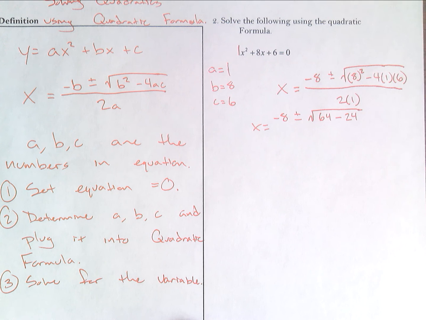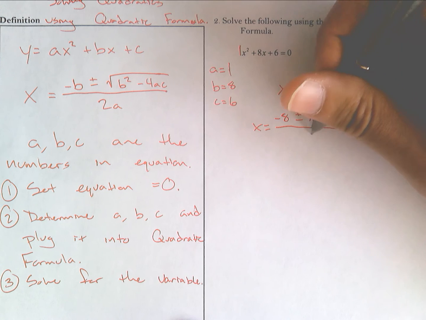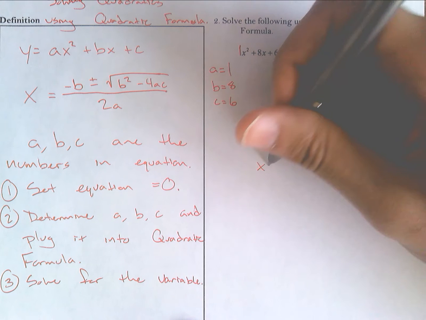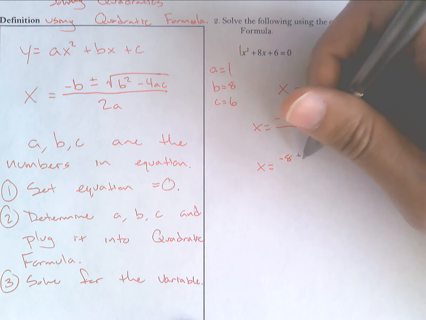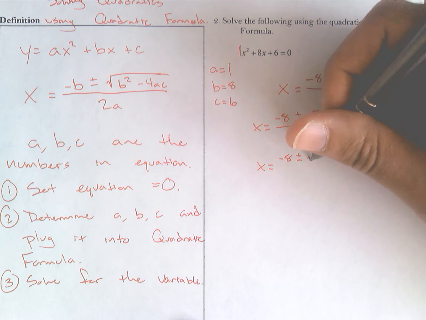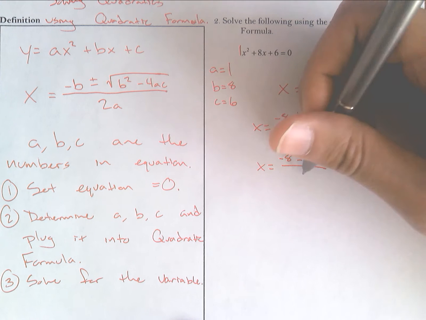So we have 64 minus 24 in the radical. And then all over, well, 2 times 1 is just 2. All right, let's keep going. We have x equals negative 8 plus or minus. Well, inside the radical, 64 minus 24 is 40. So we have plus or minus the square root of 40 over 2.